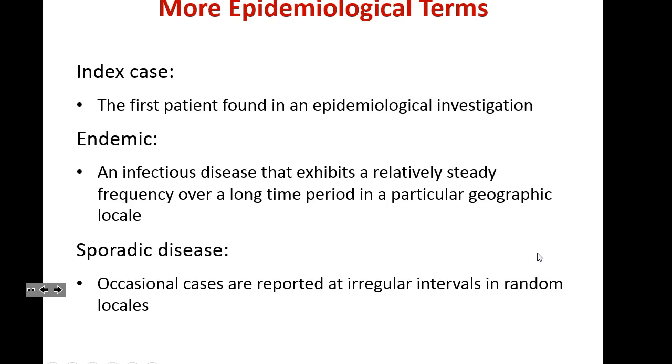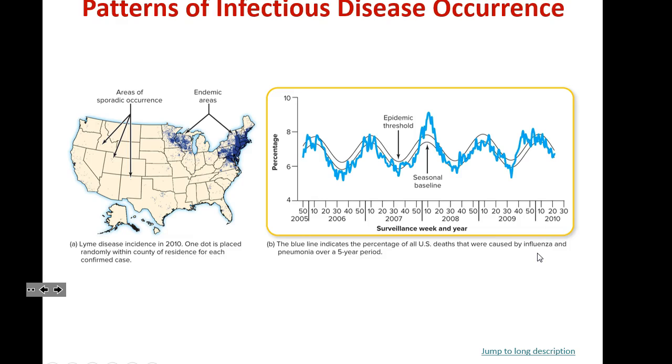We have index case, which is the first patient found in a particular epidemiological investigation. An endemic is an infectious disease that exhibits relatively steady frequency over a long period of time in a particular geographic locale. And sporadic just means occasional cases are reported at irregular intervals.